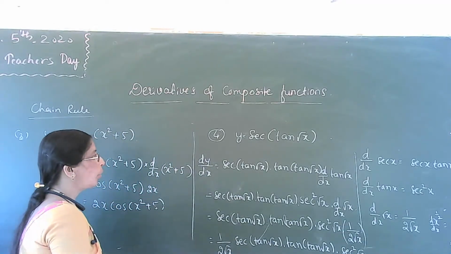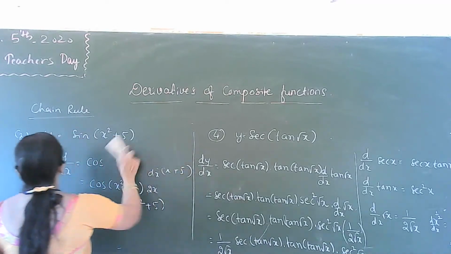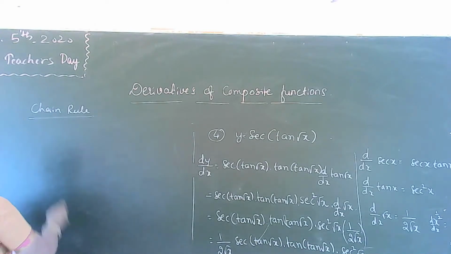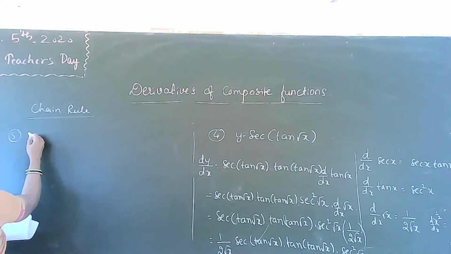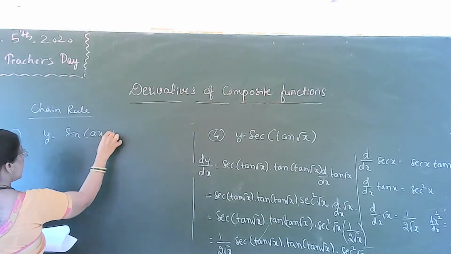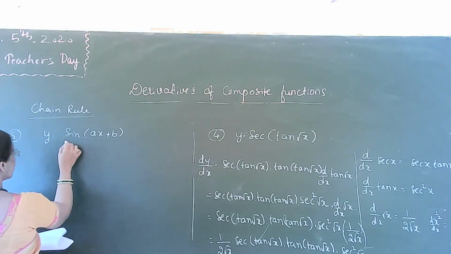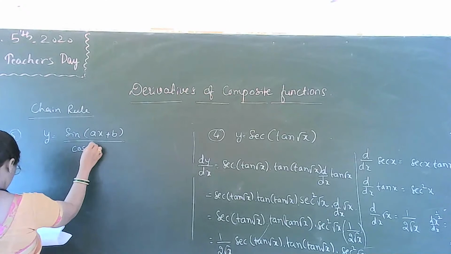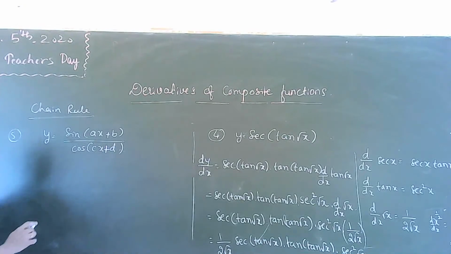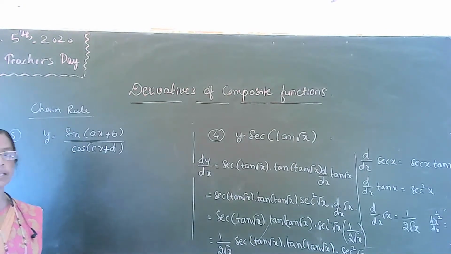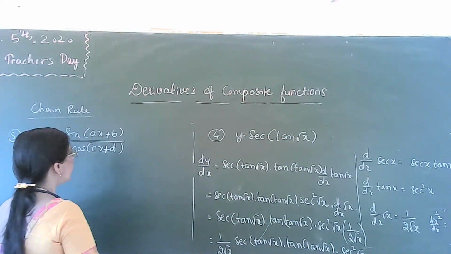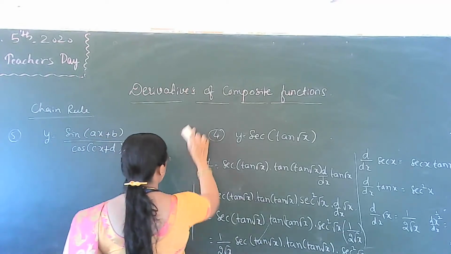Then find the derivative of the u by v composite function. u by v is a composite function, right? y is equal to sin of ax plus b divided by cos of cx plus d. Sin of ax plus b and cos of cx plus d. Find the derivative of this one.